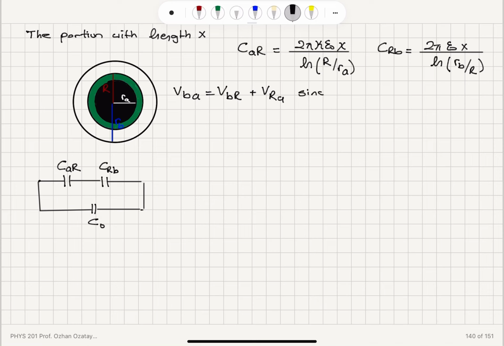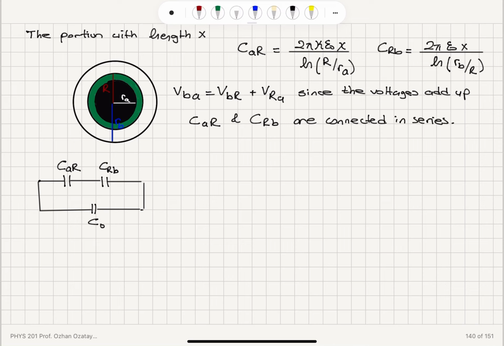So since the voltages across the terminals of these capacitors add up, we can see that these two capacitors, CAR and C capital RB, are connected in series.